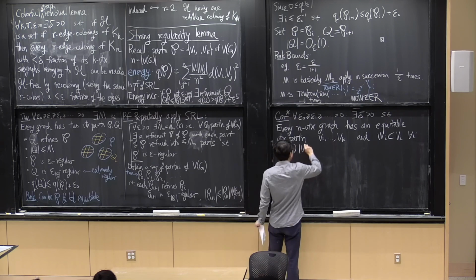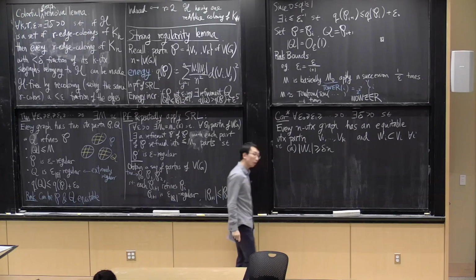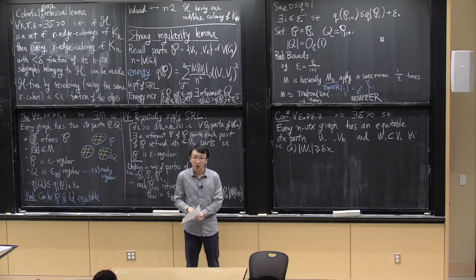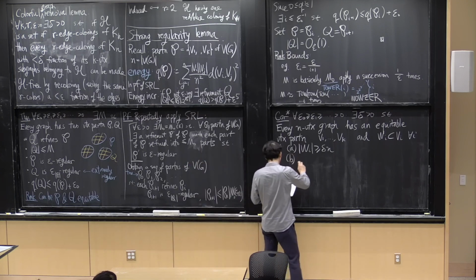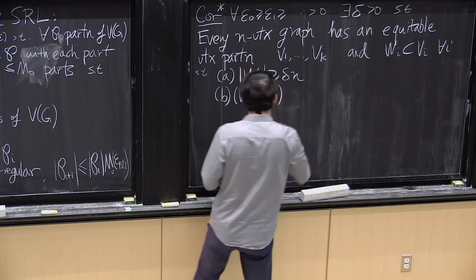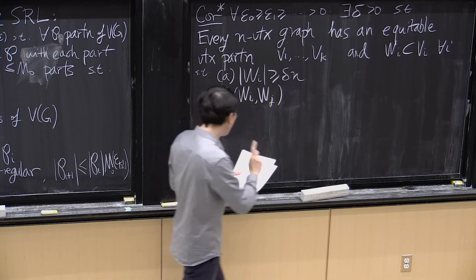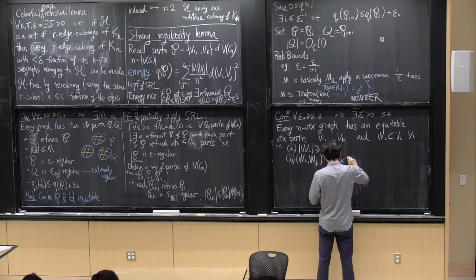First, all the W's are fairly large. They are at least a constant proportion of the total vertex set. Between every pair of W_i, W_j, it is epsilon_k regular.